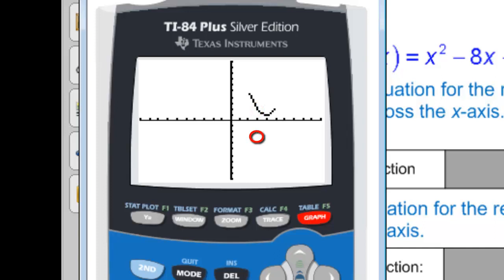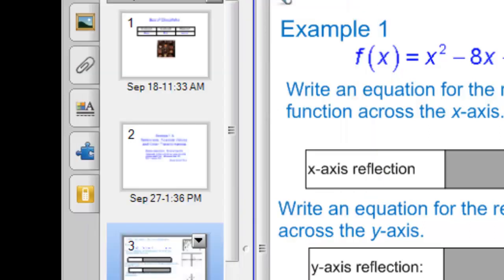And the x value at 4, we also want to replace with its negative to create this reflection across the axis. Every y value in the reflection will be the negative of the original y value for each value of x.